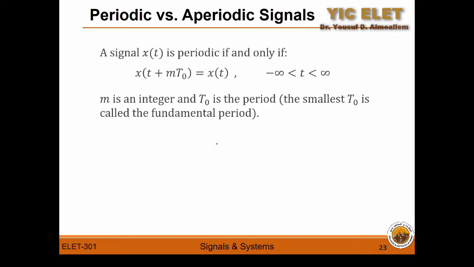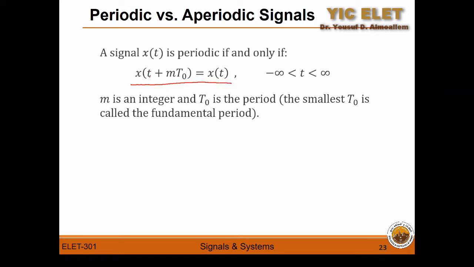Moving to a new perspective of these properties and classification of signals, we talk about the periodic versus aperiodic signals. A signal is called a periodic signal if there is a period after which the signal is repeating itself. And in math, we can define it in this equation.